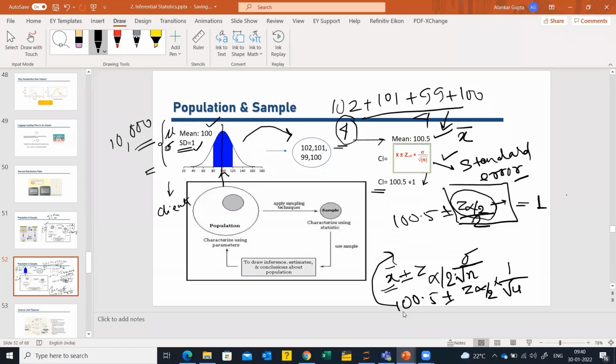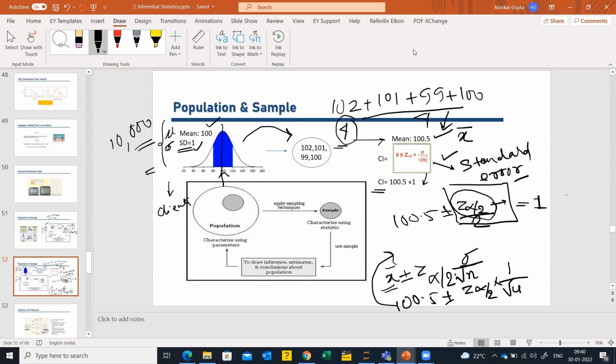We'll see how to look into the Z scores. Whatever formula this is, we will use it and come out with a confidence interval. For now, we can say that this is 100.5 plus or minus 1. It is with a 95% confidence interval, because when we are taking a sample, you cannot be 100% sure.